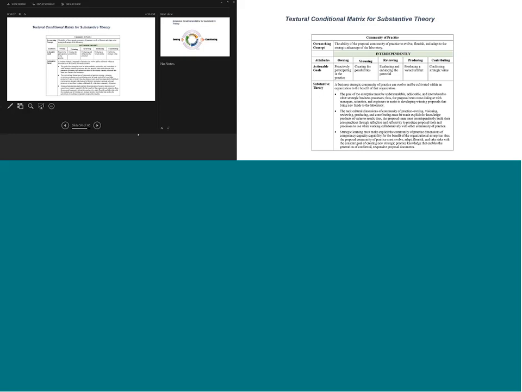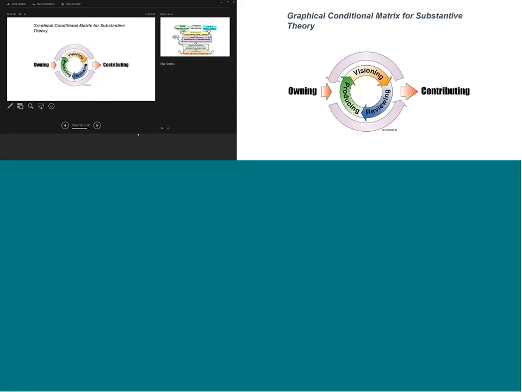So in grounded theory, conditional matrices can be both textual, like this one, or they can also be graphical. Now, here's the same conditional matrix, only this one is done in a graphical form. If you're looking at how proposal development happens on a scientific team, this substantive theory would say that owning, becoming part of it, feeling like you belong, then being in that process itself of visioning, reviewing, and feedback will lead to your ability to contribute well.